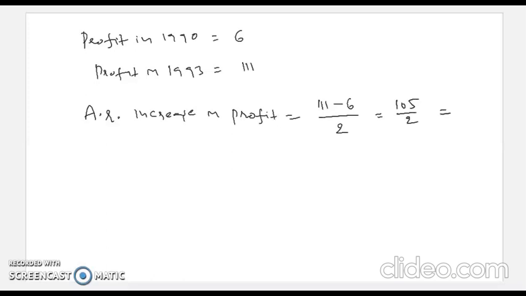That is equal to 52.5. So therefore, the average rate of change of profit between the years 1990 and 1993 is 52,500. Okay. Next problem. Here the fourth problem.